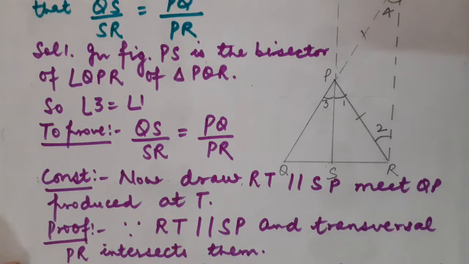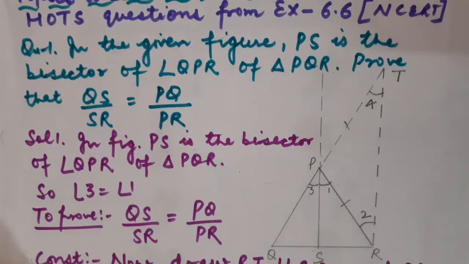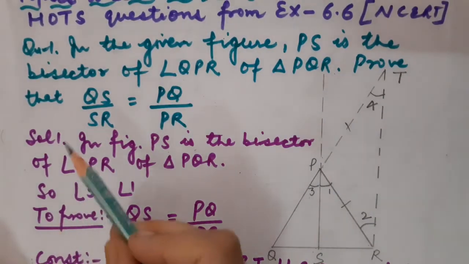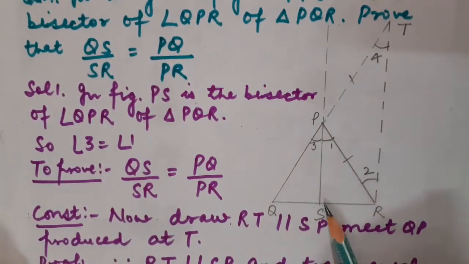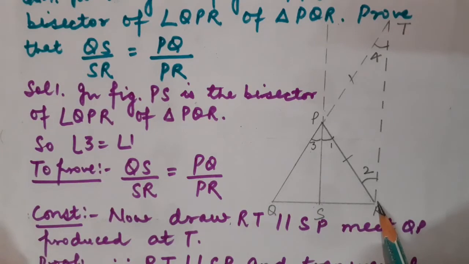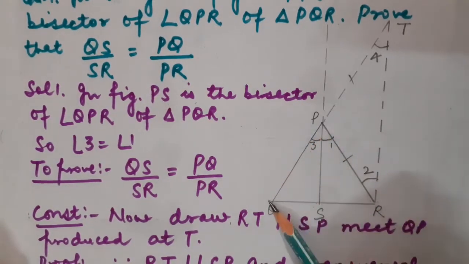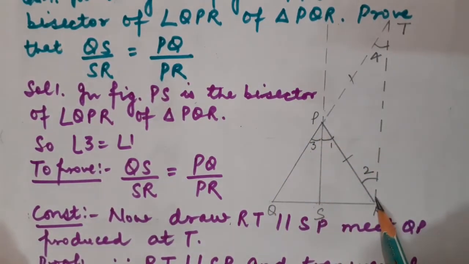Correct? Now, what do I have to prove? I have to prove that QS upon SR is equal to PQ upon PR. This I have to prove. Clear, children? Okay.